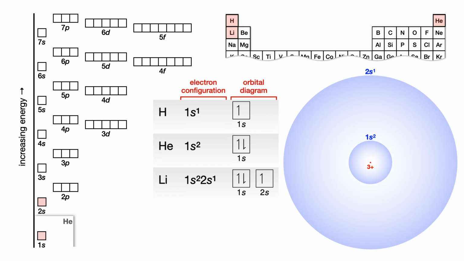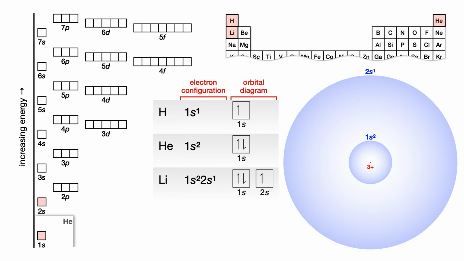And all that is true as long as there's only 1 electron in the atom. But when you start having several electrons, well, for one thing, the electrons are repelling each other, and for another, the nucleus is becoming more and more positive.